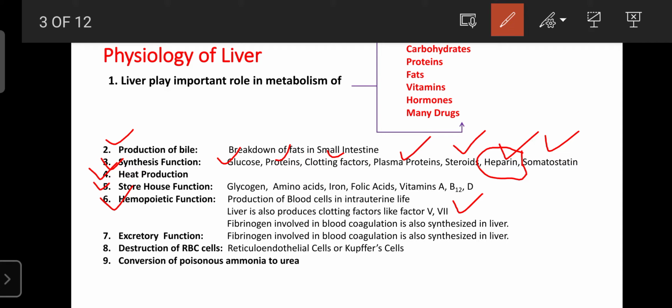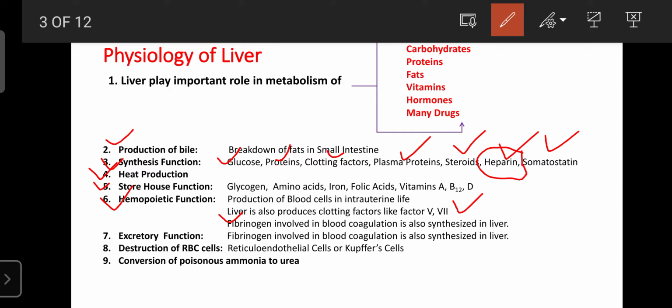The liver is also involved in the synthesis of fibrinogen. That fibrinogen is involved in blood coagulation. The fibrinogen converts into fibrin in the presence of thrombin. That fibrin undergoes structural changes or a polymerization reaction in the presence of factor 13 and calcium.